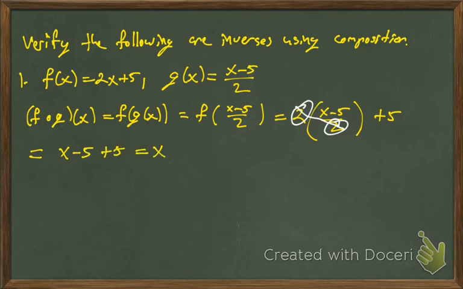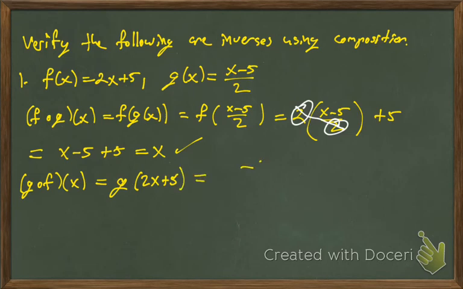All right, so we're halfway there. If I had gotten anything other than x, then we'd say no, they're not inverses. But we did get x, so we have to check the other way. Second thing is check g composed with f of x. So that'll be g of f of x, and f of x is 2x plus 5. What g does is subtract 5 from the input and then divide by 2.